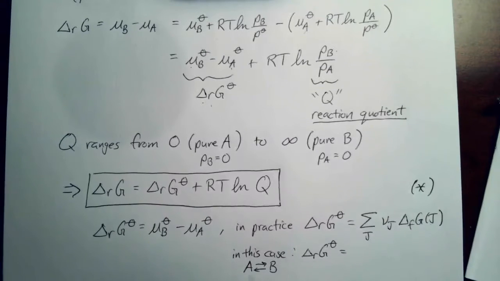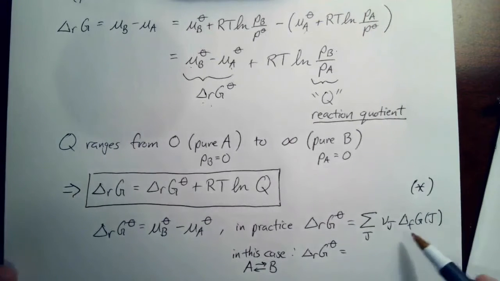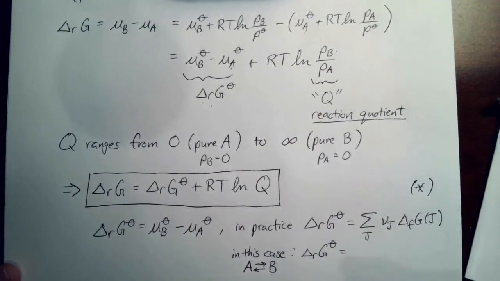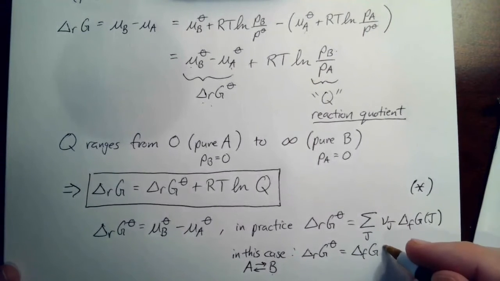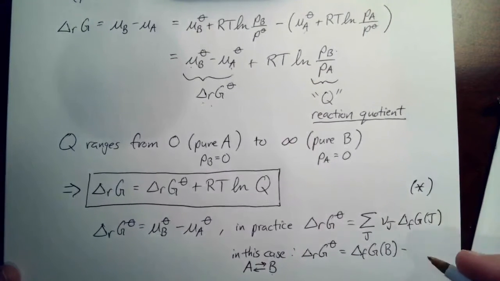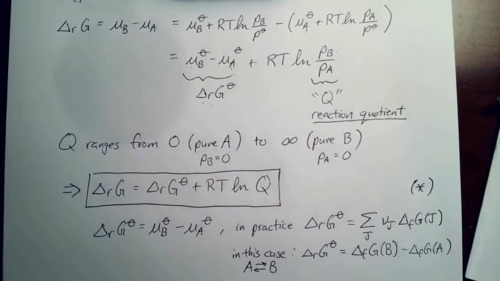So in this case where we just have A and B in equilibrium, we only have 2 species in our sum. So we have two terms in our sum. Nu j for B is positive 1. So it's going to be the delta f G, the Gibbs energy of formation of B, minus the Gibbs energy of formation of A. And these are both for the gas state.